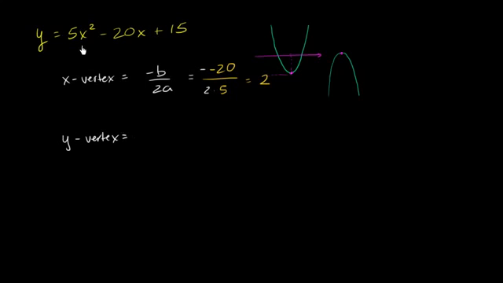The y value is going to be 5 times 2 squared minus 20 times 2 plus 15, which is equal to, let's see, this is 5 times 4, which is 20, minus 40, which is negative 20, plus 15 is negative 5. So just like that, we're able to figure out the coordinate. This coordinate right over here is the point 2, comma, negative 5.